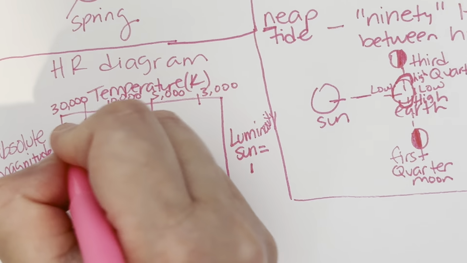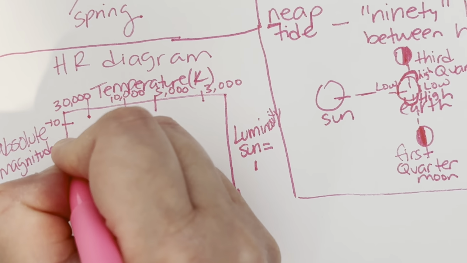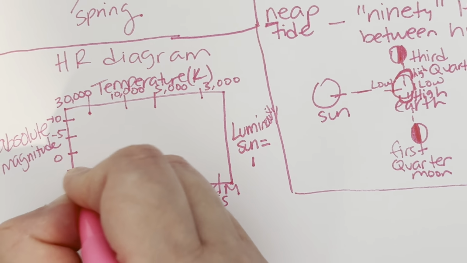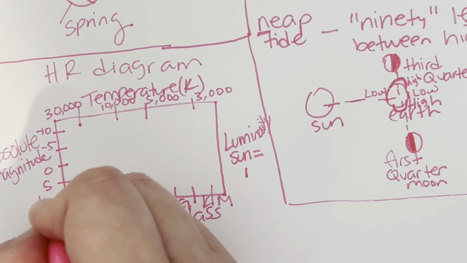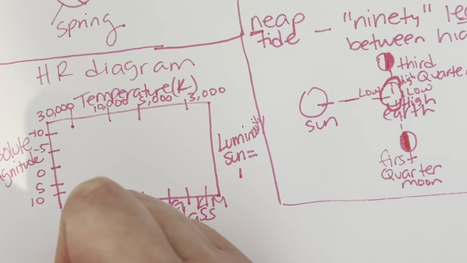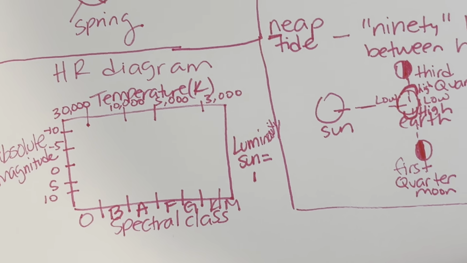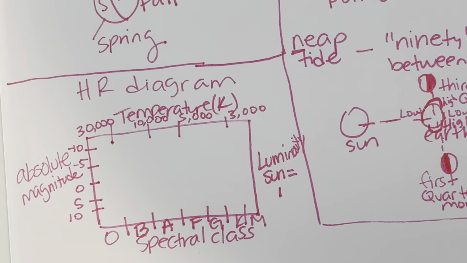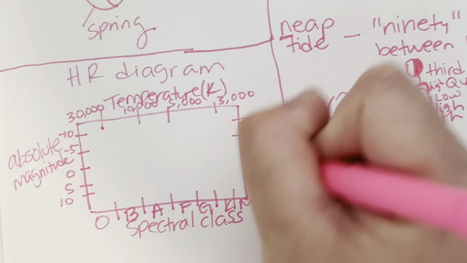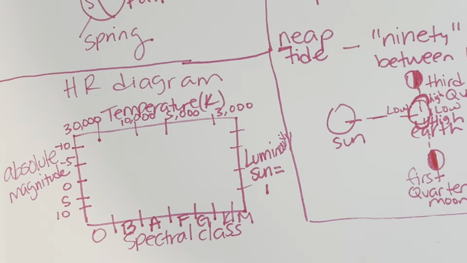And then in magnitude, this is -10, -5. This is 0. This is 5, 10. Okay. And then luminosity you're going to have on your graph too.